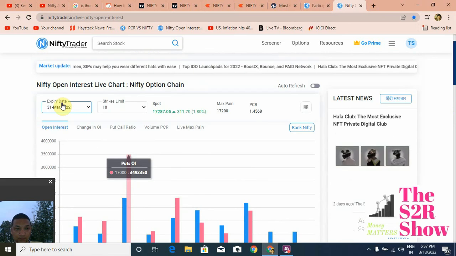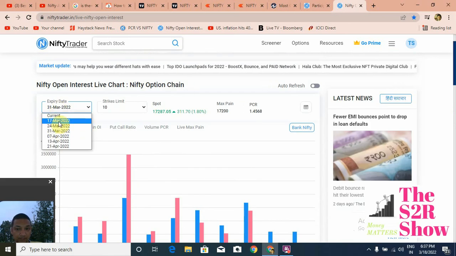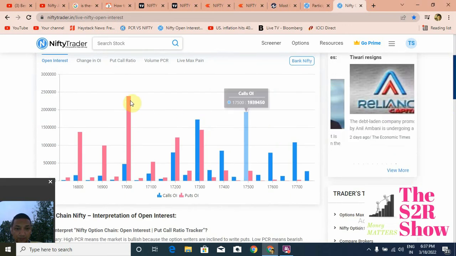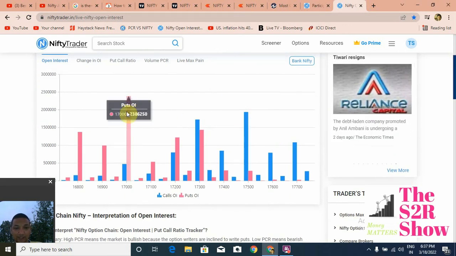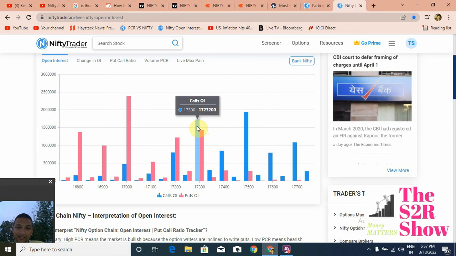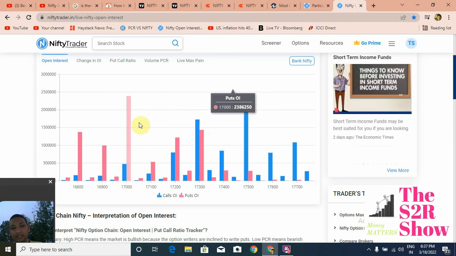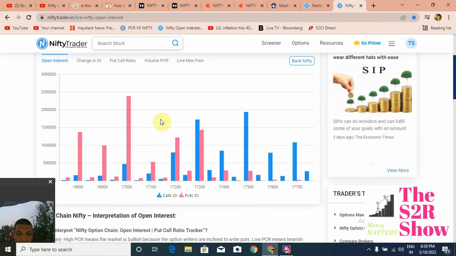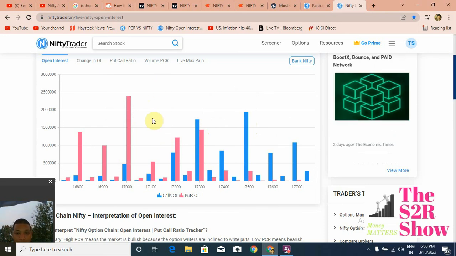So we'll also see the current week, 24th March data. We can see highest put writing again at 17,000, then the call writing at 17,300, that is at the money, and then 17,500, but the highest put writing is at 17,000. So there are chances that the Nifty will not go below 17,000.